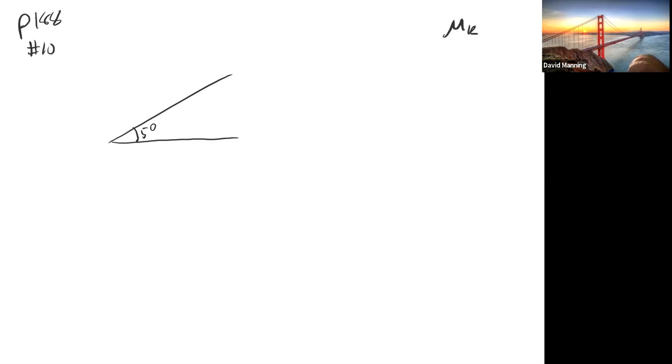We're decelerating, so you know it's mu k, kind of written into the question. So that's all we know. We don't have a mass here, and you're going to see that that doesn't matter.